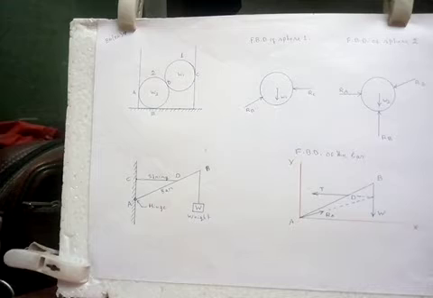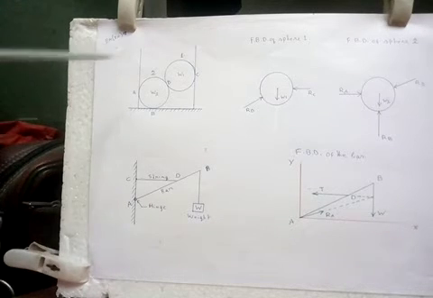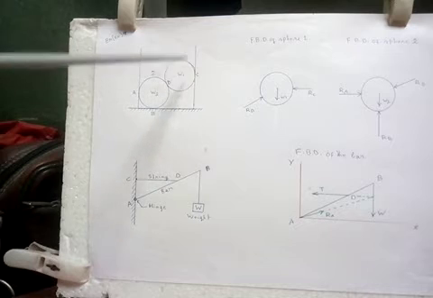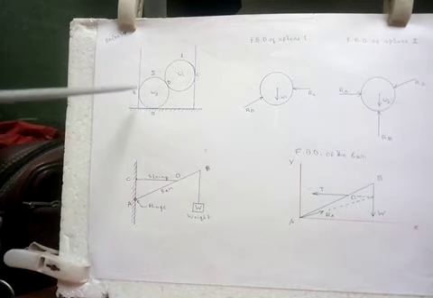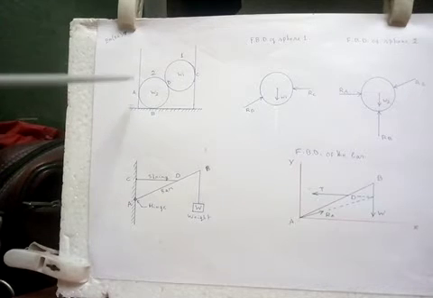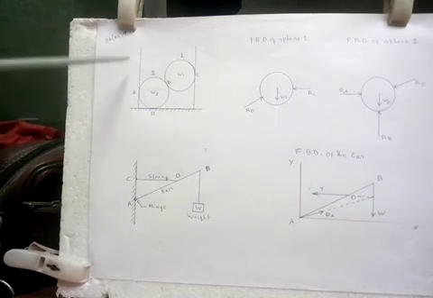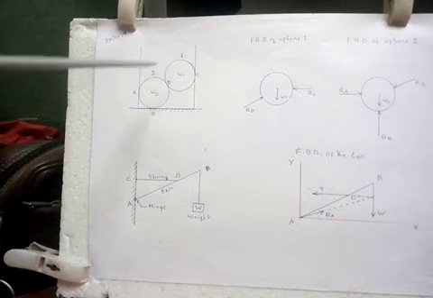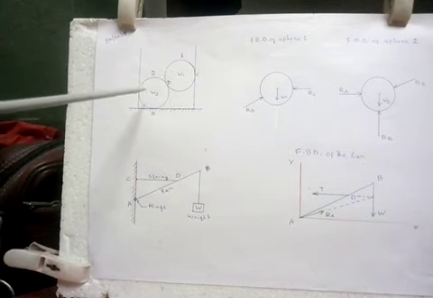Let us take some other examples. The first one is two solid spherical balls kept within a cylinder. This is the cylinder. Now these balls have weights W1 and W2.